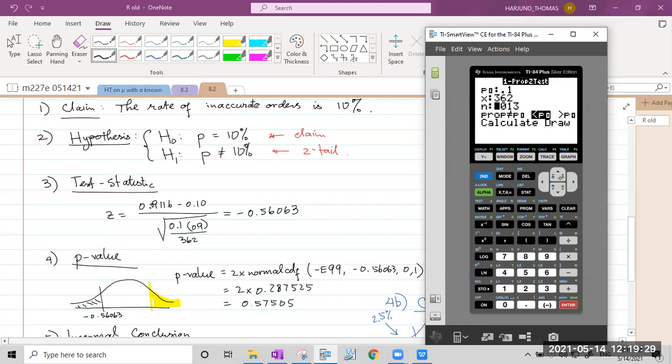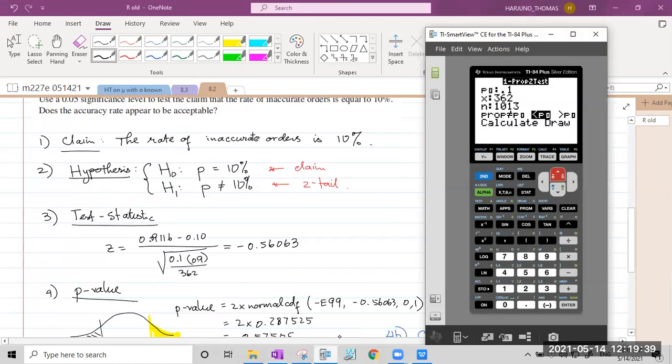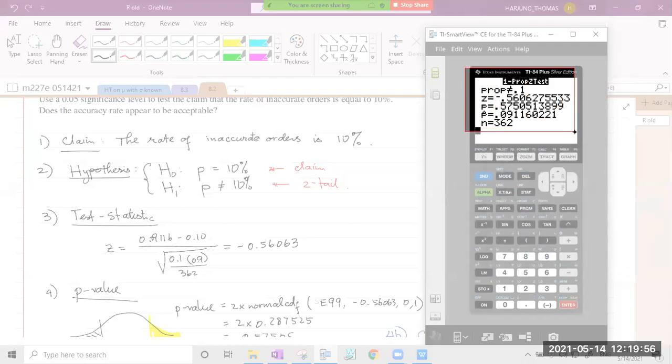I'm sorry, that X is the number of successes. In this case, it is the number of failures actually, 33. The sample size is 362. And we are doing two-tail, calculate. Again, this is just to confirm.